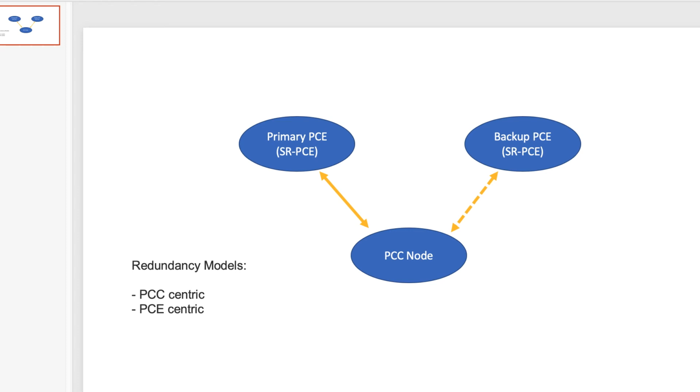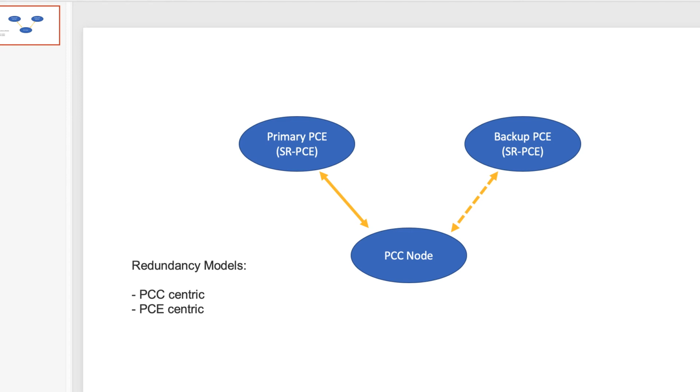Now, whenever that delegate bit, as I said, in the PCE centric mode, the delegate bit is controlled by your SRPC. But in the PCC centric mode, the delegate bit is controlled by your headend node.